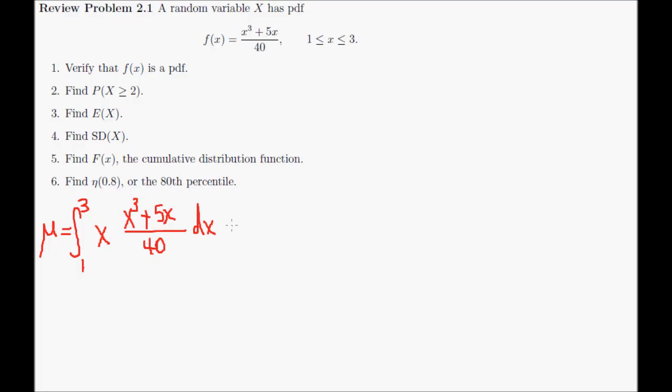So this will be the average. So before we integrate, let's simplify this. Let's pull the 1 over 40 out. And also let's multiply by x. So I have x to the 4th plus 5x squared dx.